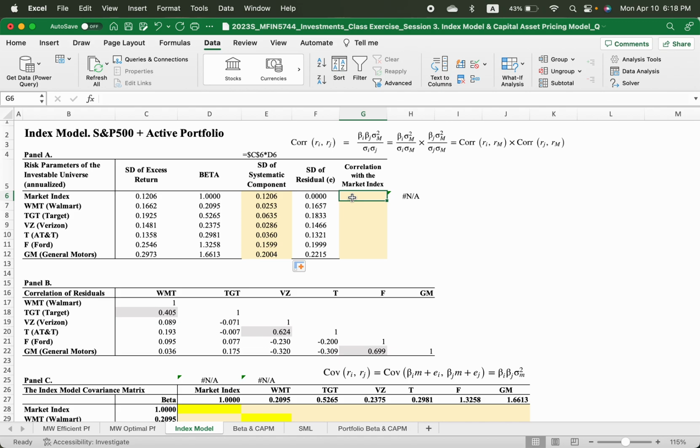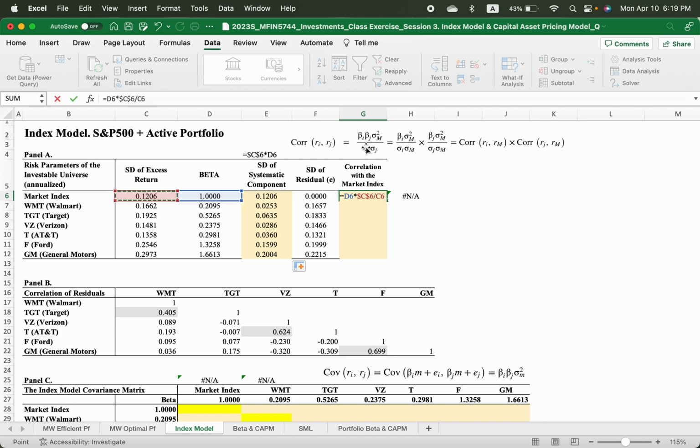The equation is simply the beta of the market times the standard deviation, fixed, divided by, now let's open this standard deviation.